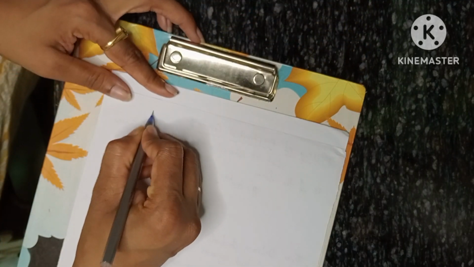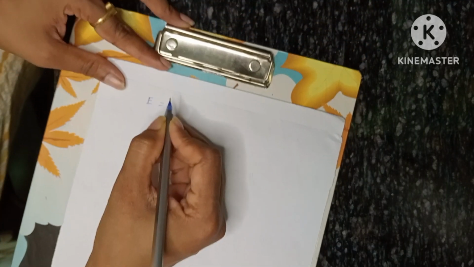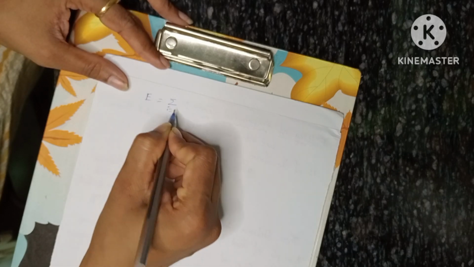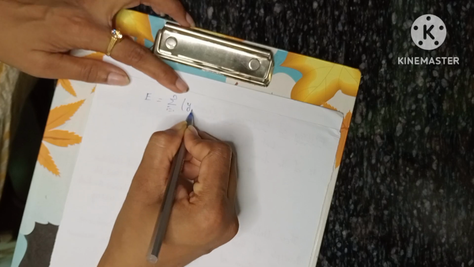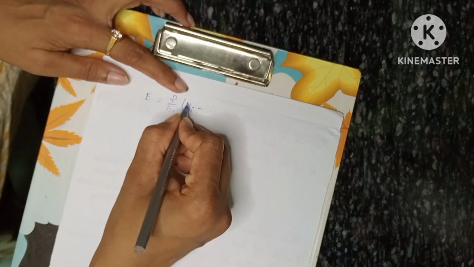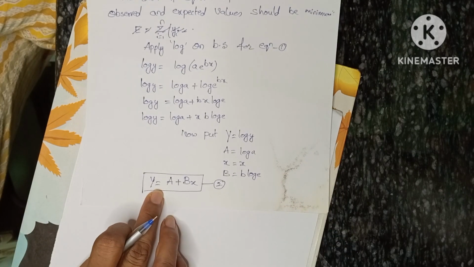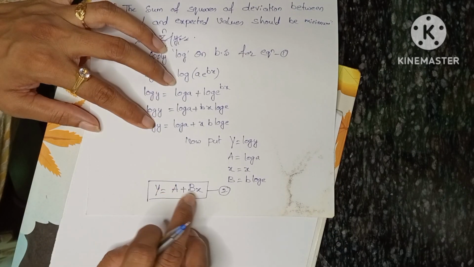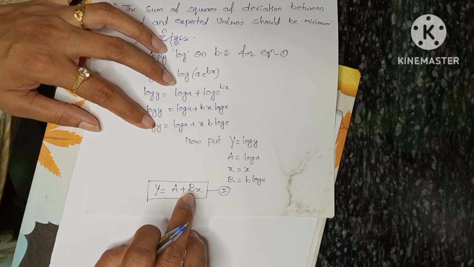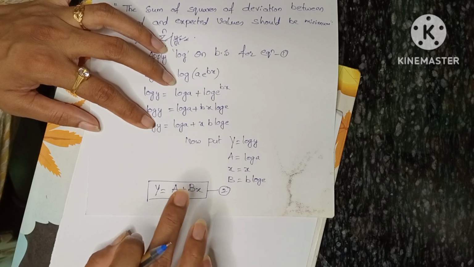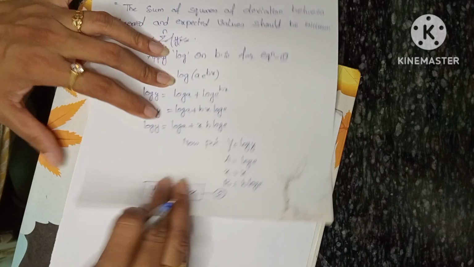At that time it will be changed as E, or epsilon, equals summation i equals 1 to n, capital yi minus, sorry, capital yi you have to write, because in this we are having capital Y. These terms I am bringing from RHS to LHS.